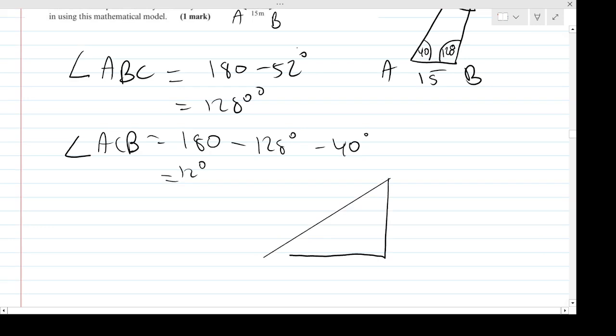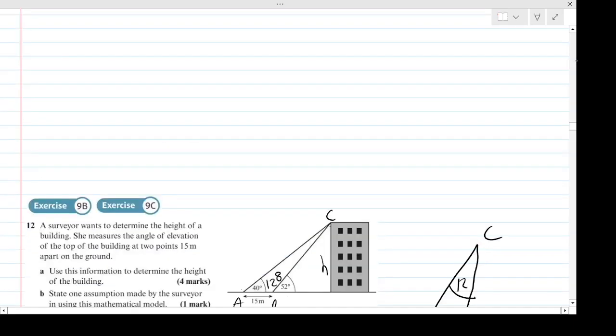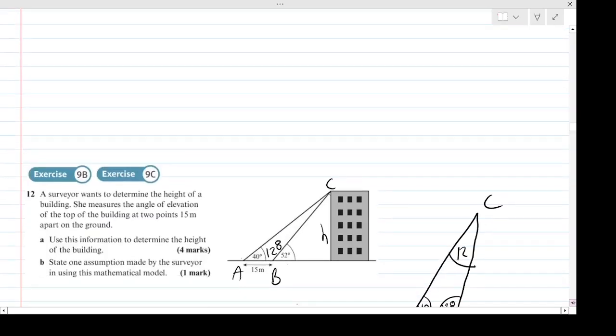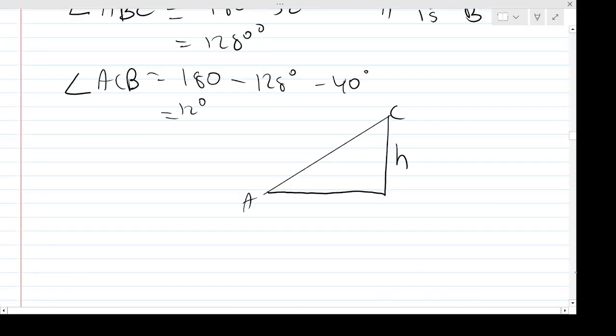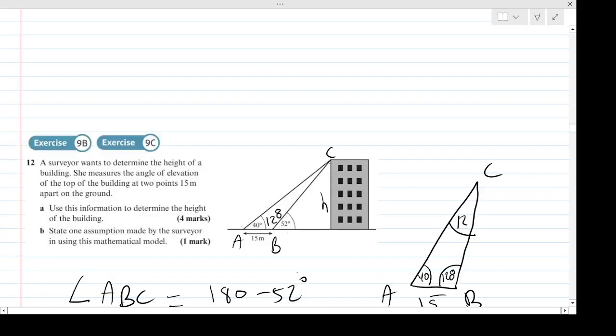I have the overall triangle between A and C, and the height between the tower, where C is at the top of the tower, and we know the angle there is 40. Well, actually, this is a right angle triangle, isn't it? Let's go back. This is a right angle triangle.